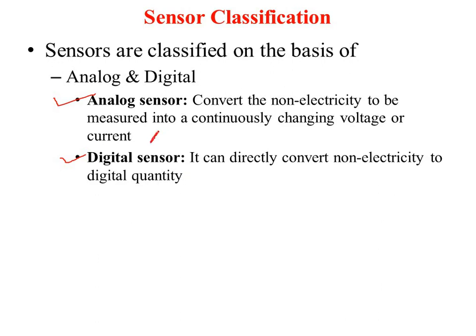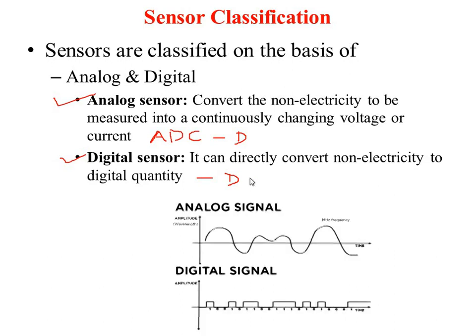Here you will require A to D conversion. Before that you need signal conditioning devices, that means amplification, noise removal circuitry, filters and everything. After that you can apply the signal to the ADC, and that will give you the signal in digital format. Here you will directly get the output in digital format. So this is the difference between an analog sensor and a digital sensor.